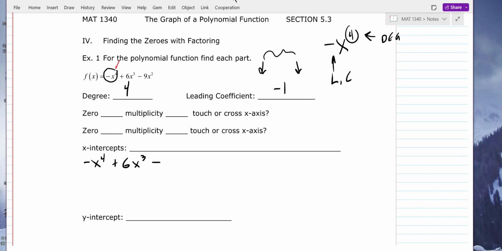Anytime you find an x-intercept, you need to set the function equal to 0, and we have to solve that equation by factoring. So this is going to test the factoring skill. When you factor something, there's an x in every position, so you always take out the x that has the smallest exponent.